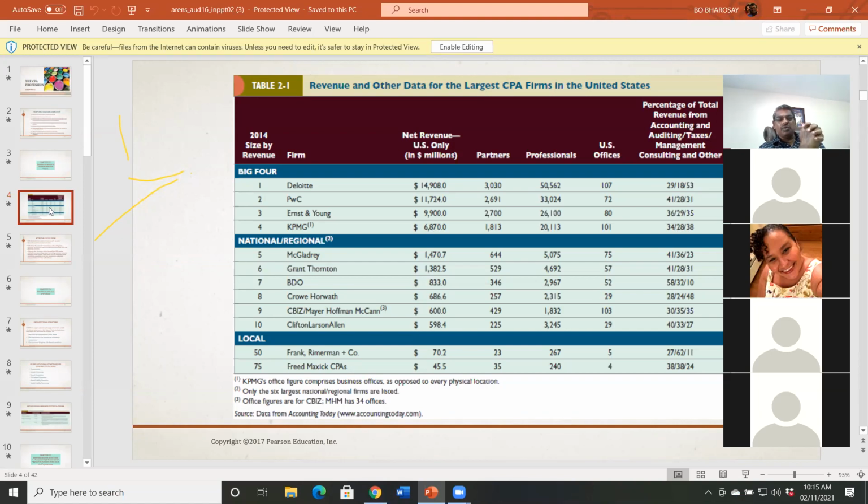At number three, we have Ernst & Young. And at number four, we have KPMG. KPMG is also a merger of a number of firms. These are the four giant accounting firms in the CPA industry.